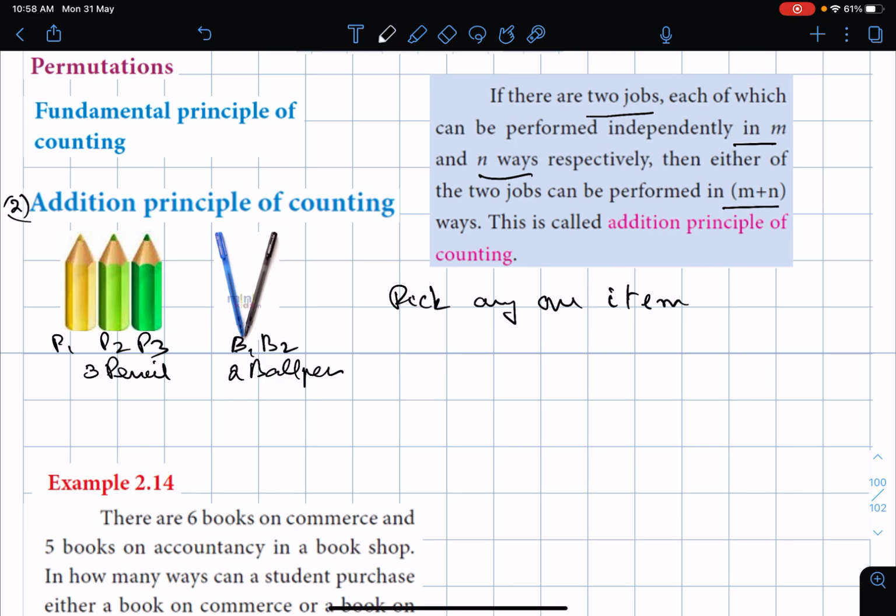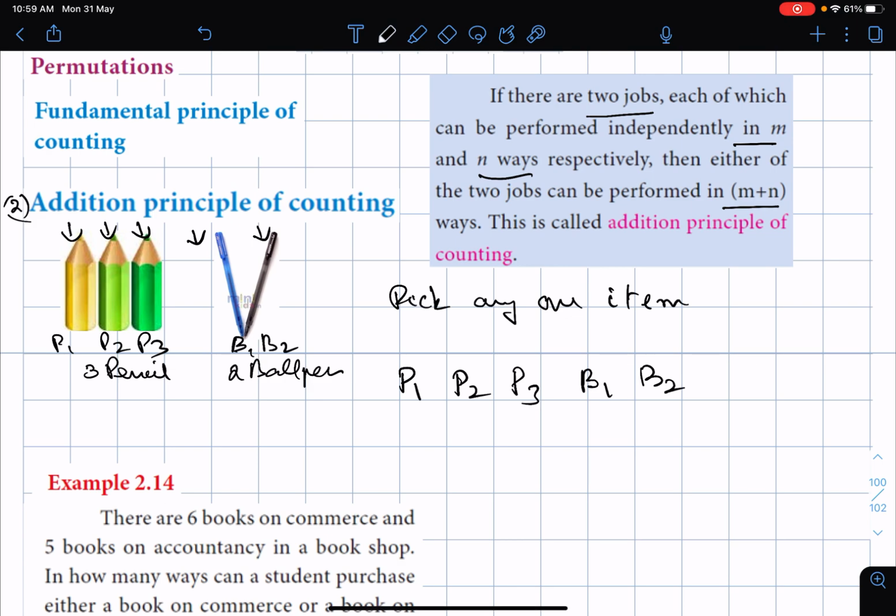We are going to pick P1 or P2 or P3 or ball pen 1 or ball pen 2. So what does this mean? You can pick P1 or P2 or P3 or ball pen 1 or ball pen 2.